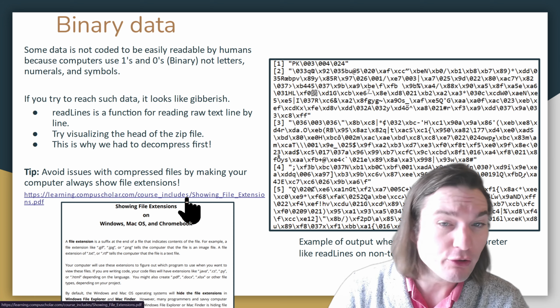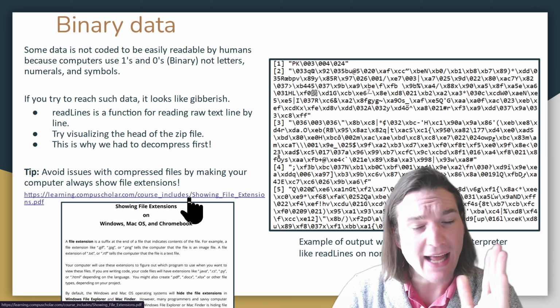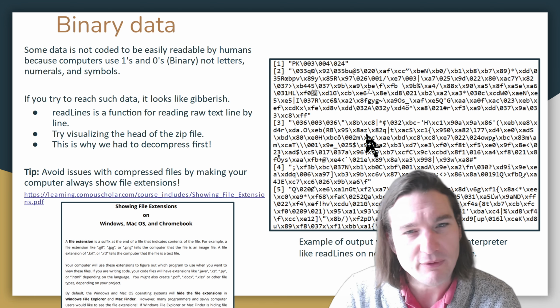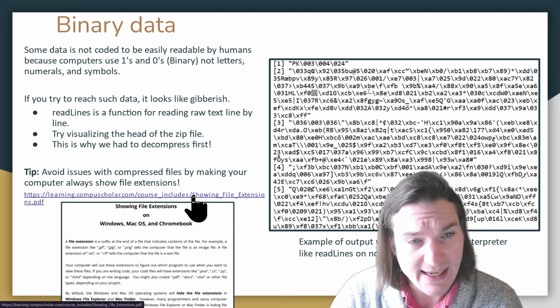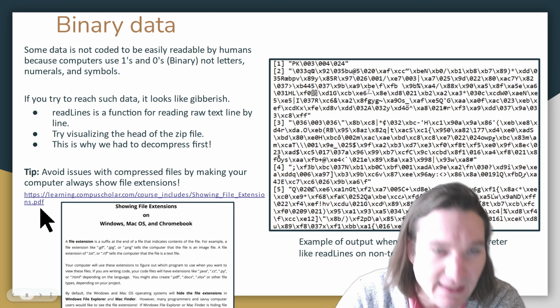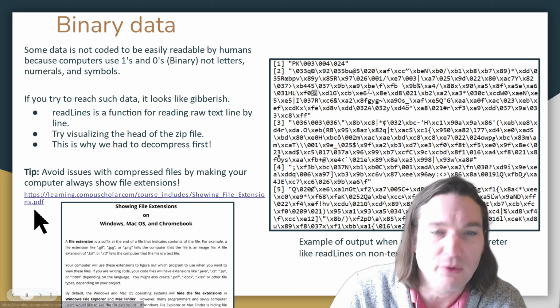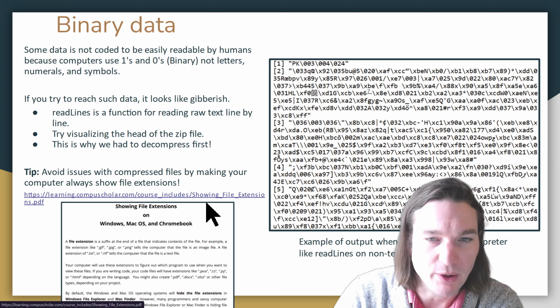When you make your computer show a file extension, it will resolve a lot of the issues around accidentally trying to use a compressed file as a text file, because it'll be obvious that it ends in .zip instead of .pdf or .csv or .txt or whatever you were trying to interpret. You need to understand what you're working with.